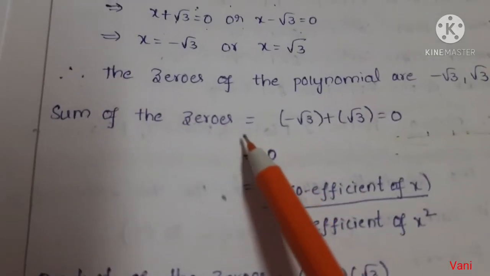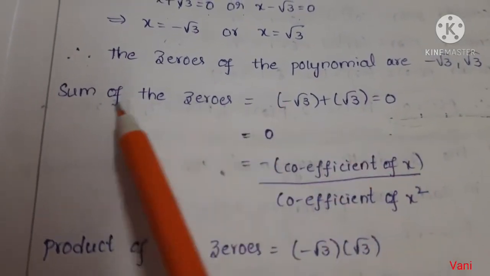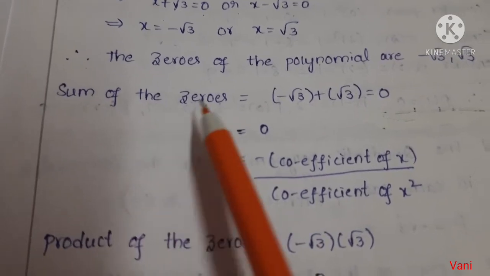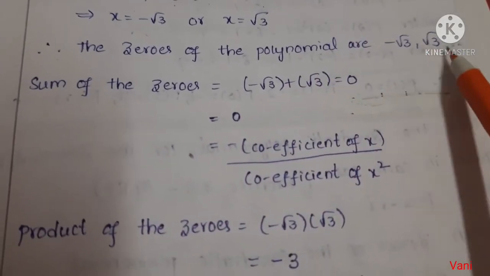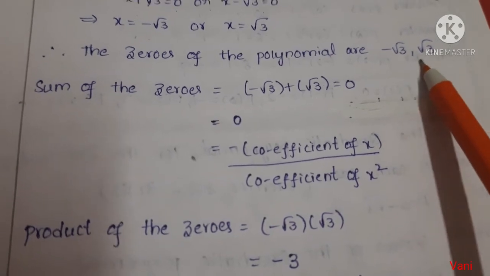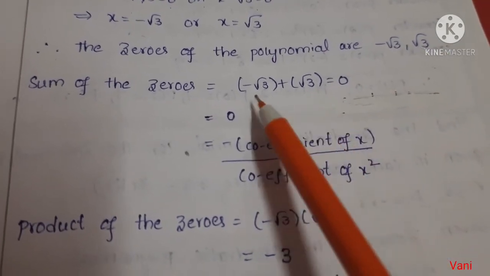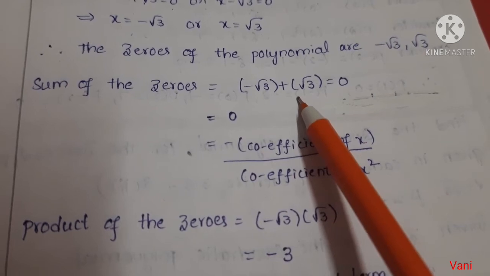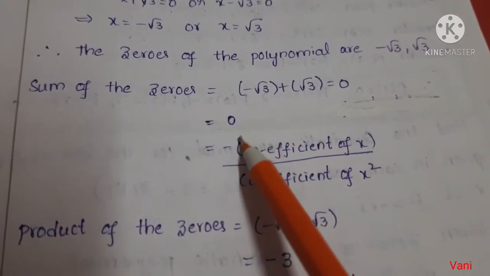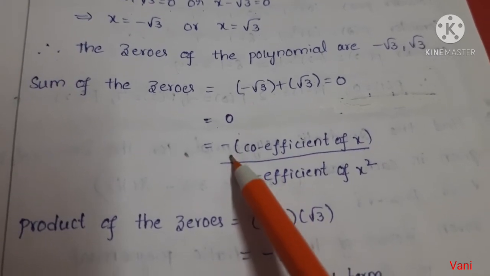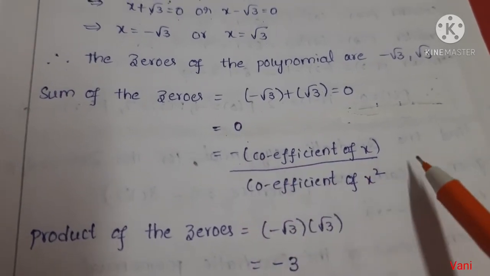Next, verify the relationship between the zeros and the coefficients. First find the sum of the zeros, that is, add these two zeros: minus root 3 plus root 3, which gives 0. So the sum of zeros is 0. This 0 can be written as minus of the coefficient of x.